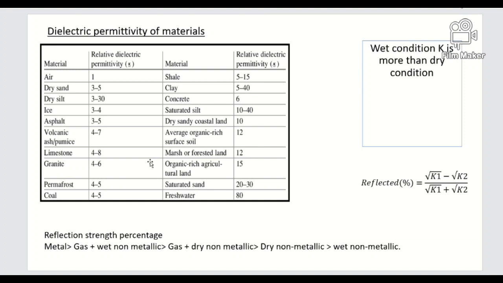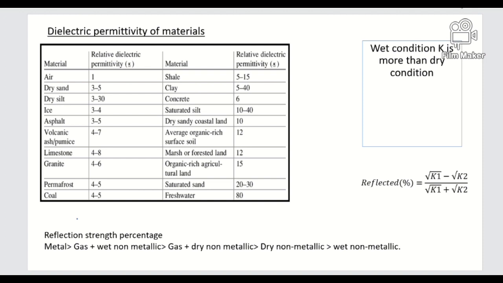The reflective strength in percentage depends on the permittivity, we know. So if it has more permittivity, it will give better reflection of the wave energy to the receiver.